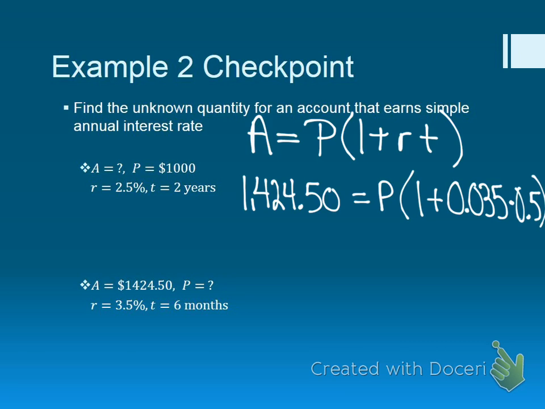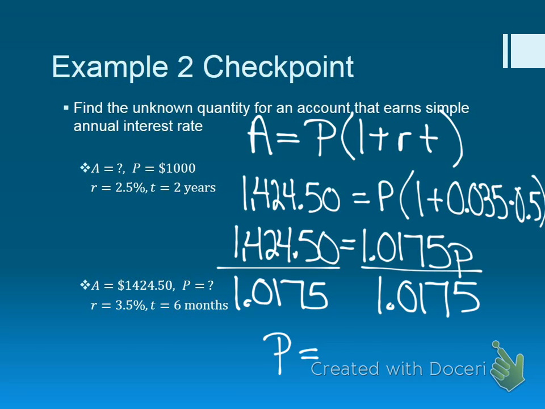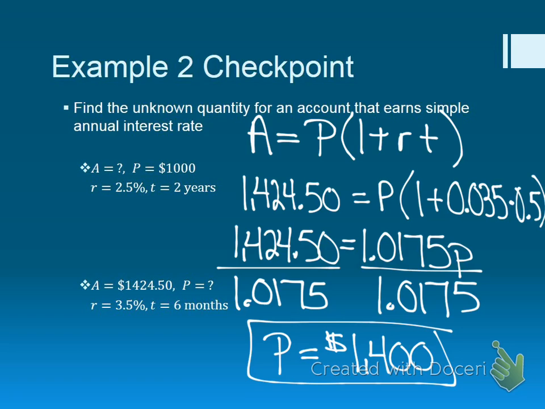Okay, now I do have to simplify everything that's right here in my parentheses, and I get 1.0175P. Now I divide both sides by 1.0175, and you wouldn't think it, but you actually end up with the whole number, 1,400. Did anybody get 1,400? Good job. All right, look at it. Where'd you go wrong? Look at it.